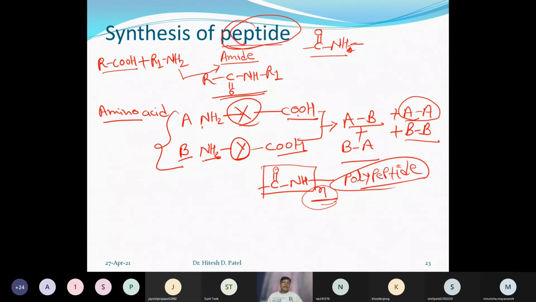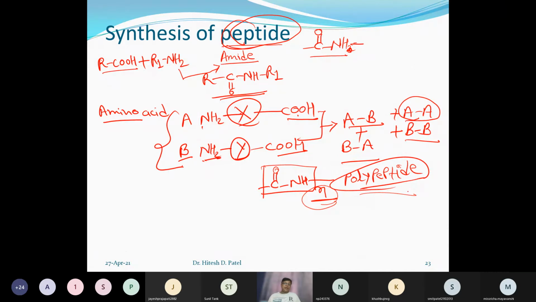So only the change in the method of synthesis, meaning only the change in the raw material. If we are having amino acids, then we will get a CONH group, and if repetition of the groups takes place, then we can call it a polypeptide.